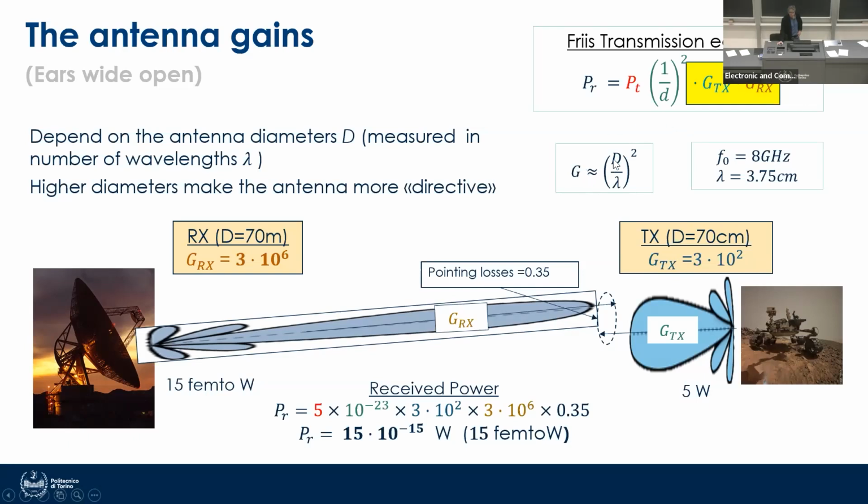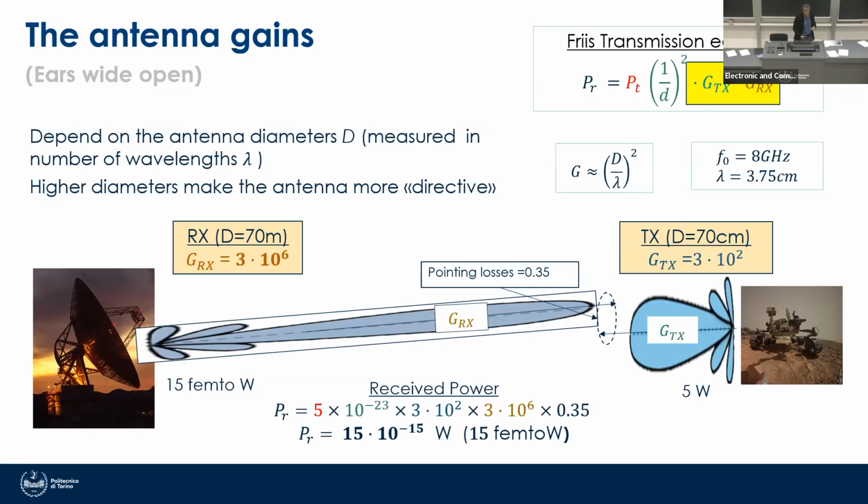So this gain basically can be obtained by dividing the true diameter D by the length of the carrier, the wavelength. In this case, we are using 8 gigahertz, so the wavelength is 3.75 centimeters. So the ratio D over lambda, raised to the square, gives you a factor of 3 million for the gain at the receiver, because you are using a very large antenna.